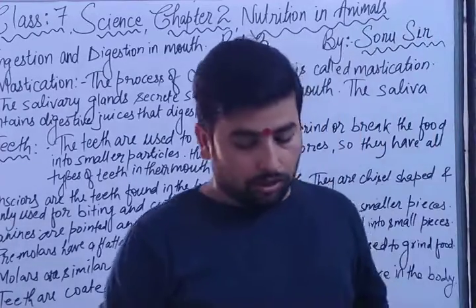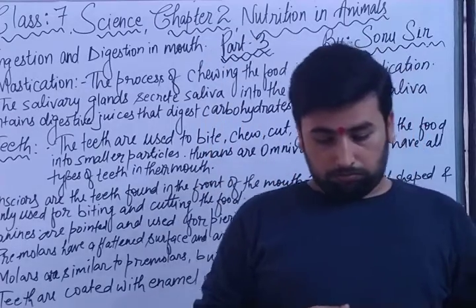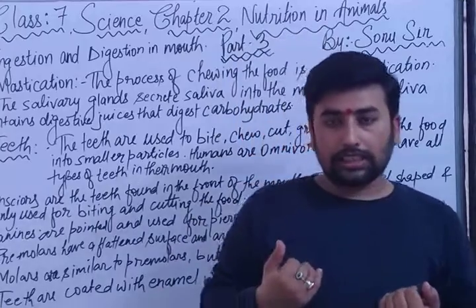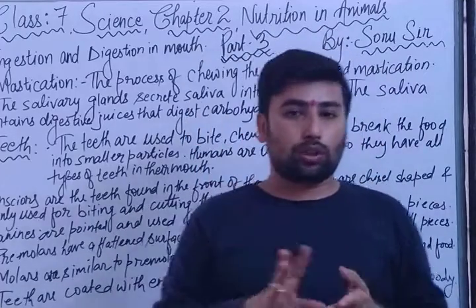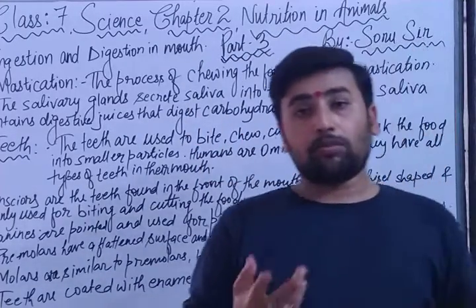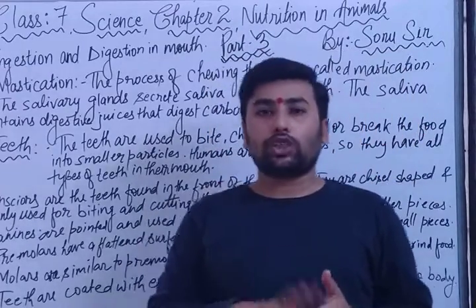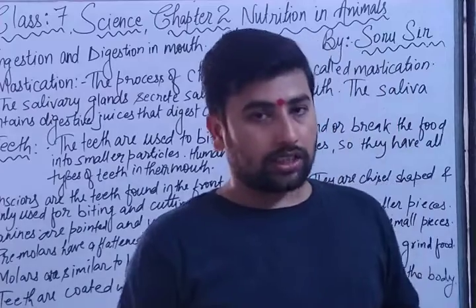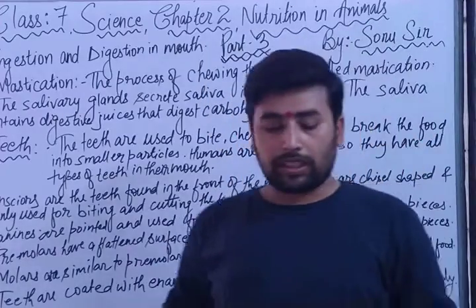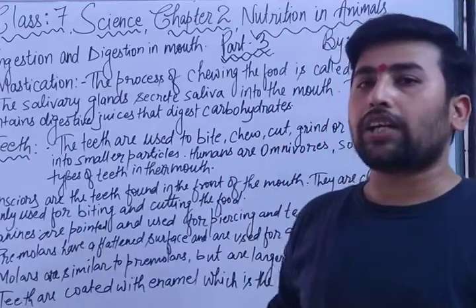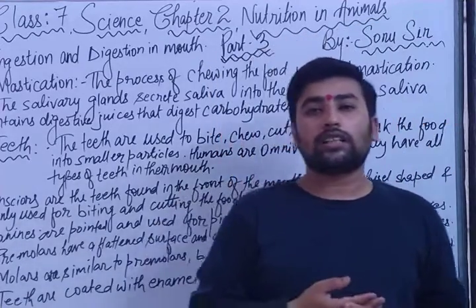If I talk about molars, 6 upside, 6 downside, and premolars 4 up, 4 down. 8 premolars and 12 molars. 12 and 8, 20, and then 8 incisors, 28, and 4 total canines.